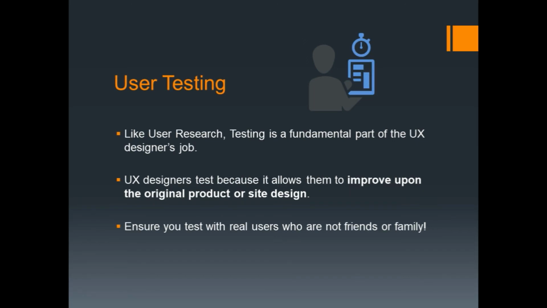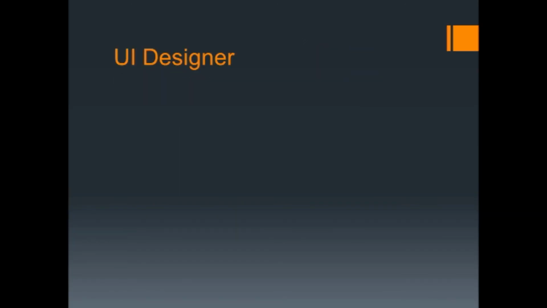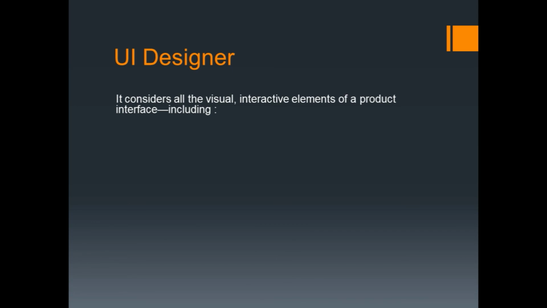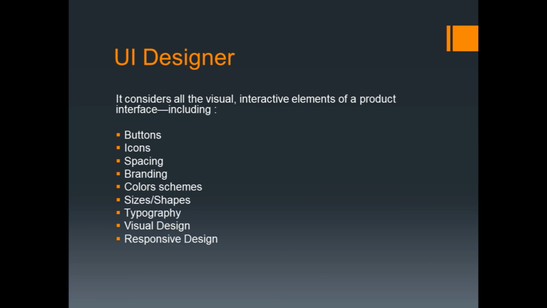Once user testing is done, you can pass the mockup to the UI designers. With that, UI designers can prepare the visuals and elements of a product interface, including the buttons, icons, spacing, branding, color schemes, size, shapes, typography, visual design, and responsive design.